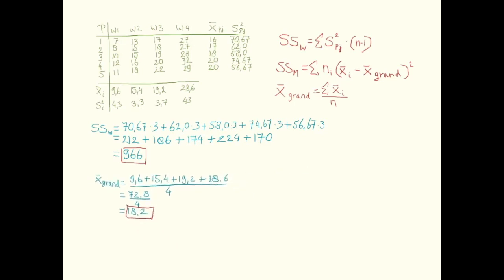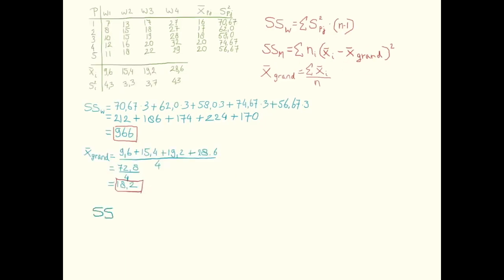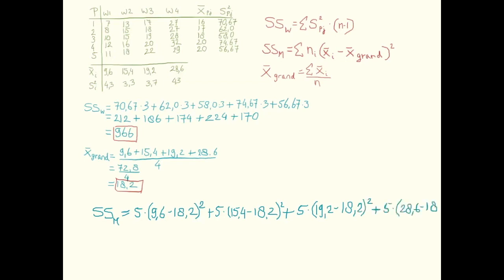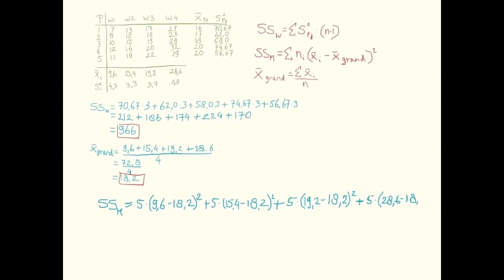And now we can fill in the formula for the sum of squares model. This is the number of observations in week i, which is 5, times the mean of week i, 9.6, minus the grand mean, 18.2, squared, plus 5 times 15.4 minus 18.2 squared, plus 5 times 19.2 minus 18.2 squared, plus 5 times 28.6 minus 18.2 squared.